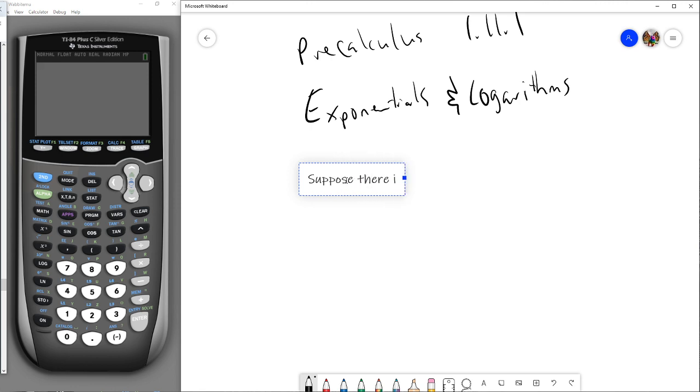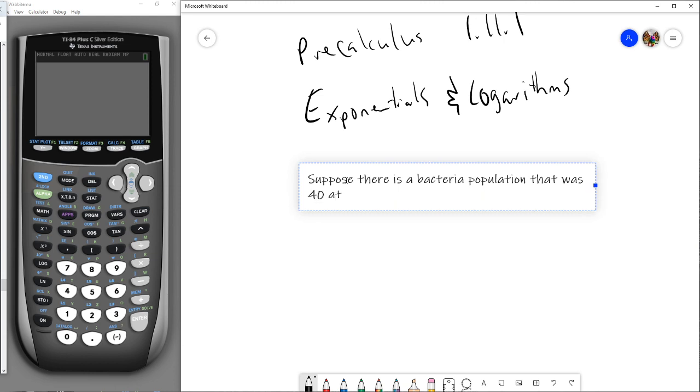Suppose there is a bacteria population that was about 400 at 15 minutes, and how about 600 at, let's call it 70 minutes.